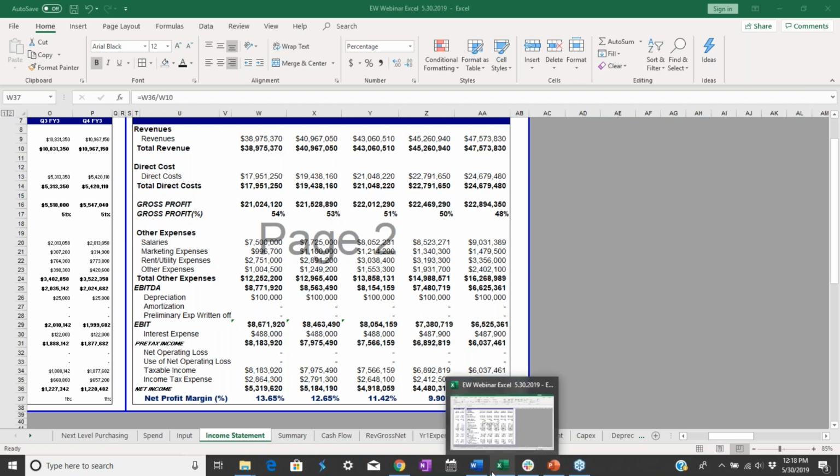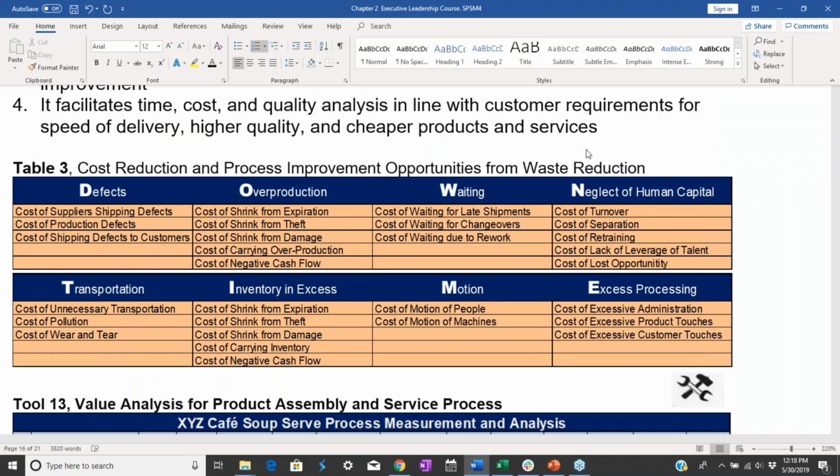I would say, Neil, that could differ by organization, and it could depend on a lot of factors. For example, let's go back to this sheet.